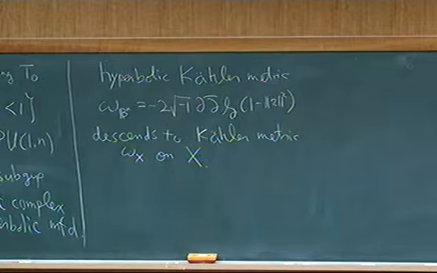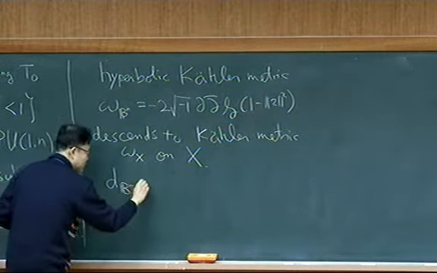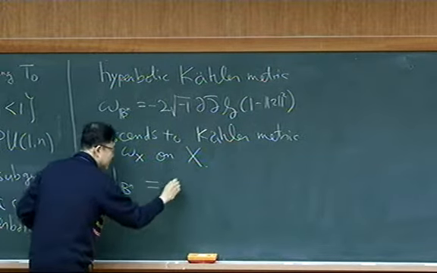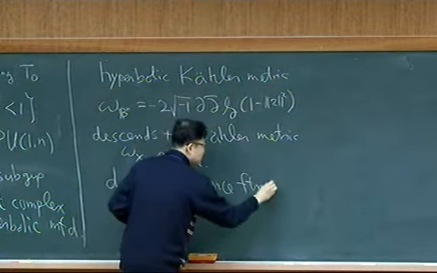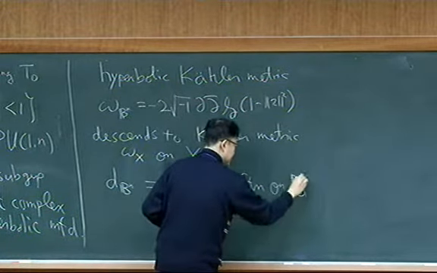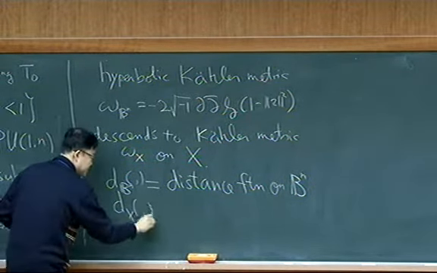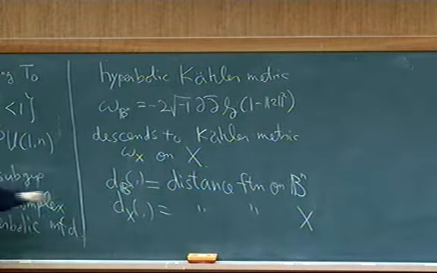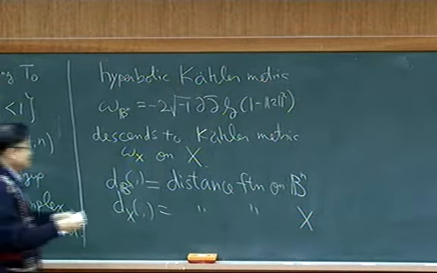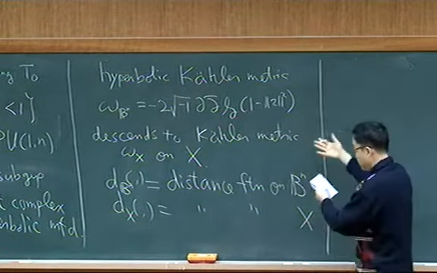Okay. Now let's use this notation. By d_{B^n} I denote the distance function on B^n, and d_X is the distance function on X with respect to these metrics. Okay. Now let's define the following invariant, which is one of the basic invariants of this hyperbolic geometry.